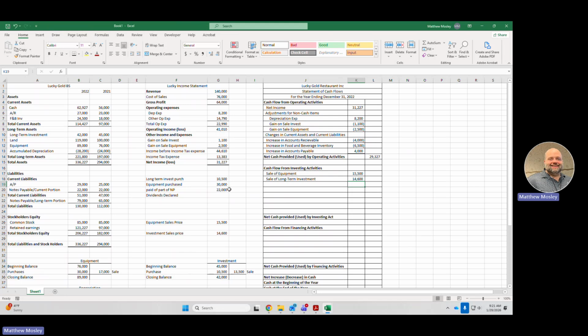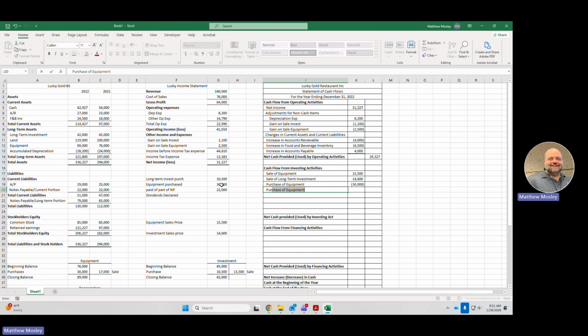What's next? Well, we had some cash flow from investing, and I mentioned that we purchased some stuff. So we have to take care of that purchase of equipment, and I had pulled those numbers out. Oh, but that's going to end up being a cash flow out, so we're going to do the negative sign.